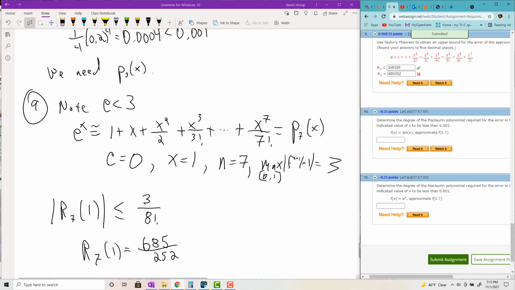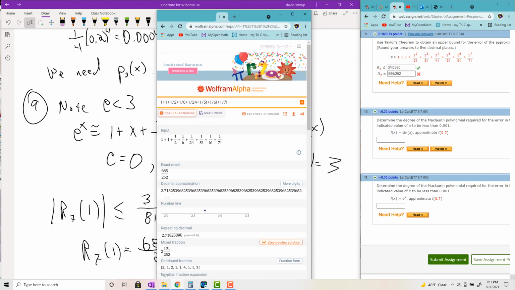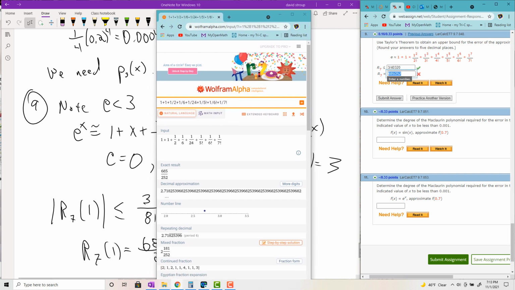Oh no! 685 over 252. What did I do wrong? Do they want an approximation? Oh, round to 5 decimals. Well, my answer's better. 2.71128225.